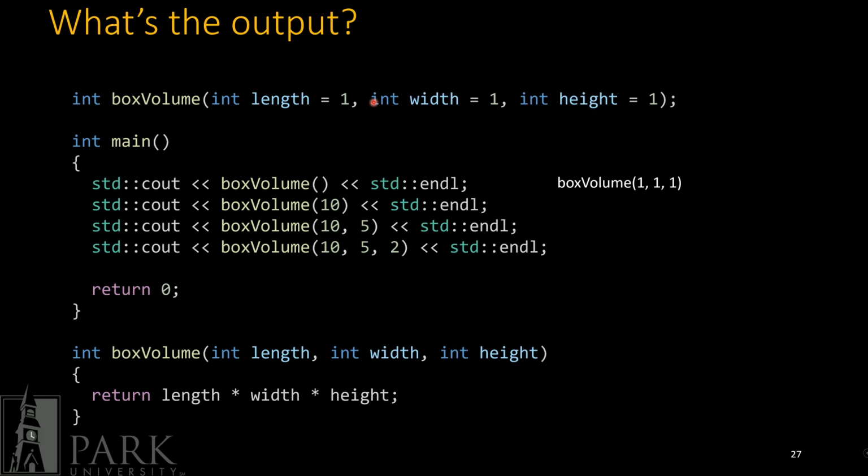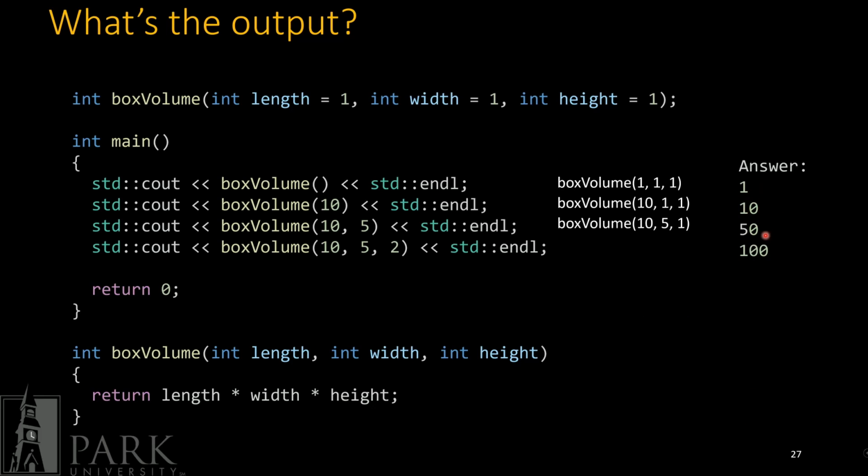It's going to take our default values here and pass them into this function call. Okay? The second call is going to look like this, right? Because we have 10, so the compiler is going to fill in the last two parameters and so on and so forth.